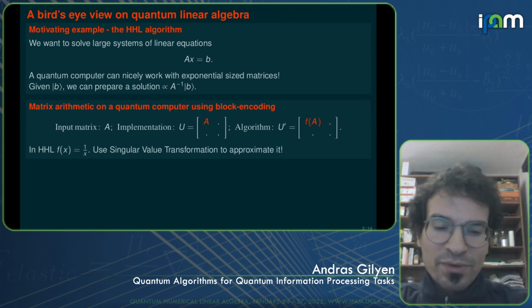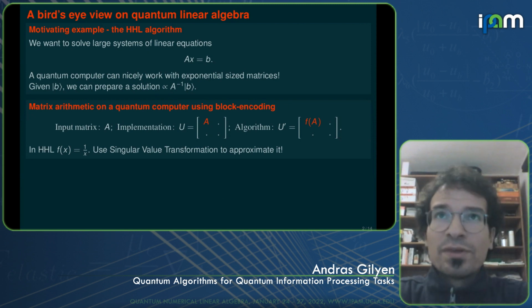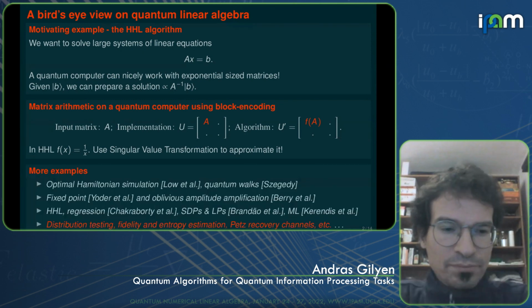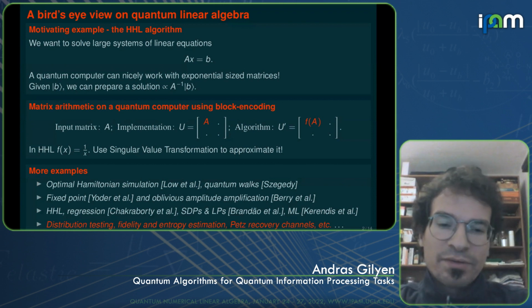And you can use a singular value transformation to apply this function to this matrix, and then ultimately this leads to the HHL algorithm. But if you use a different function, then you can also solve different tasks using this scheme in general. So there are more examples that fit into this little framework.